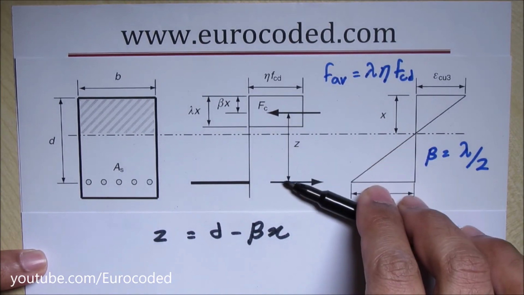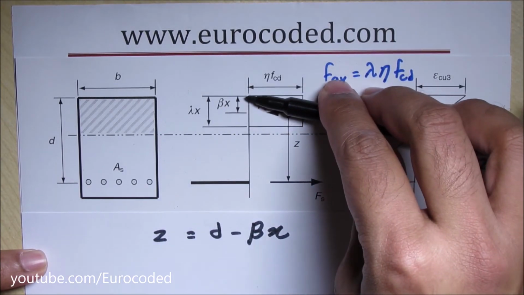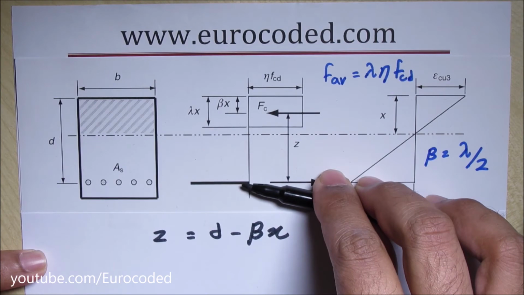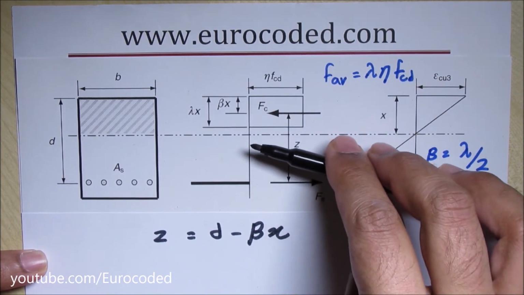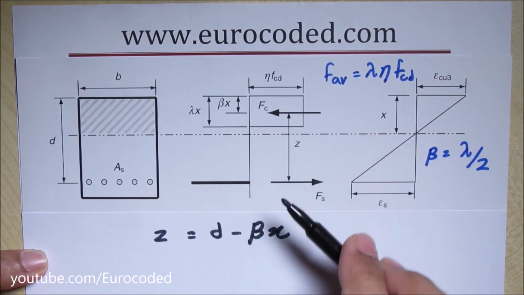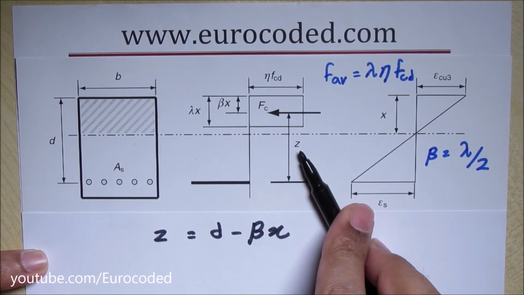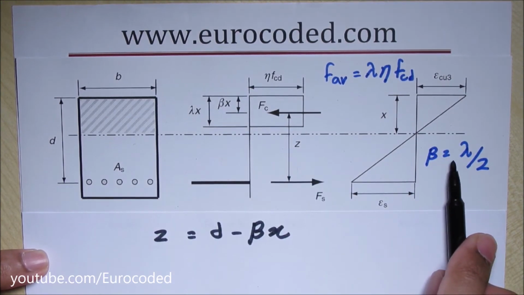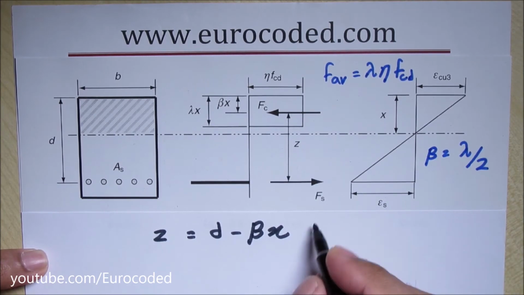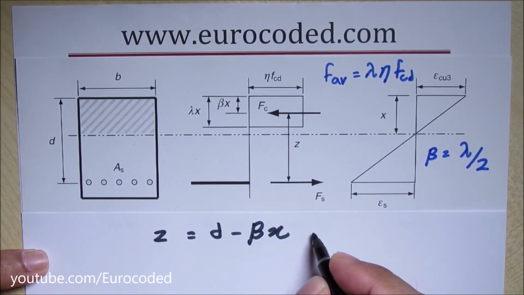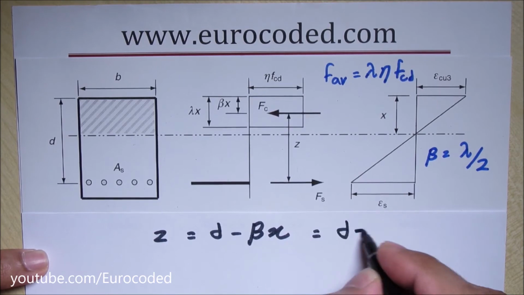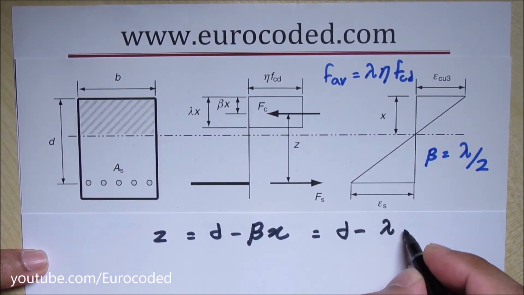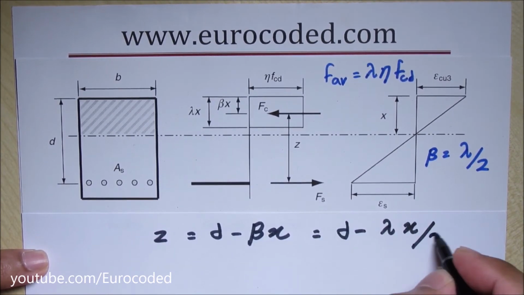So Z is this, D would be from this point to this point, and when we take away beta x from D, that is going to be equal to Z. And we've already written here beta is equal to lambda over 2, hence we can write Z is equal to D minus lambda x over 2.